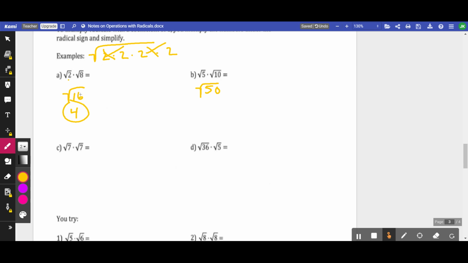You couldn't just take the square root of the whole thing like the 4 there. So for the 50, you could take a 2 out first, and then you have 25. And then the prime that divides evenly into 25 would be 5, and then you're left with 5. So really you'll have 2 5's here, and then these can come out. So this will be 5 square root of 2 then for this one.